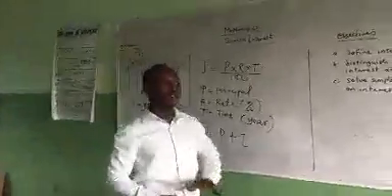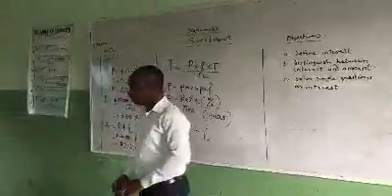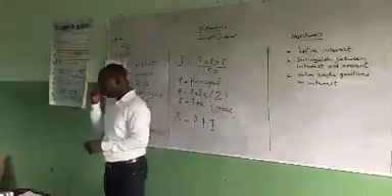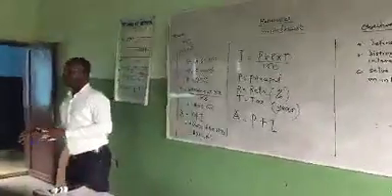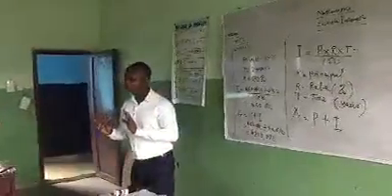Okay, now I want to give you a kind of recap from the beginning, and I'm going to be asking you some questions. Number 1, can somebody define briefly what we mean by interest?